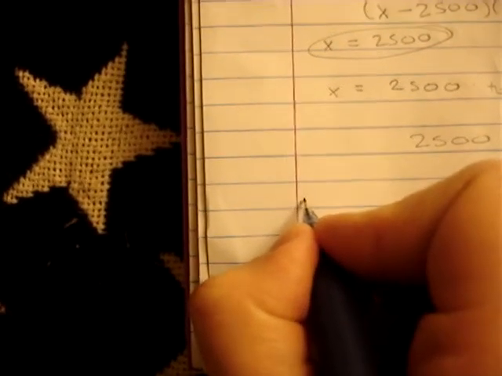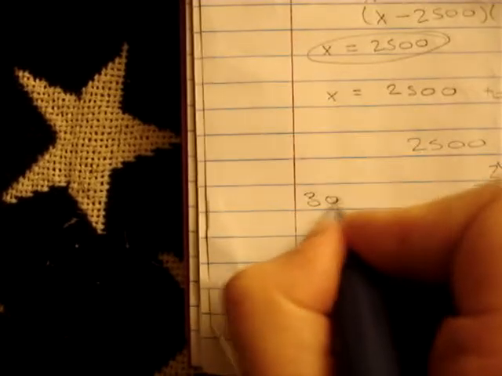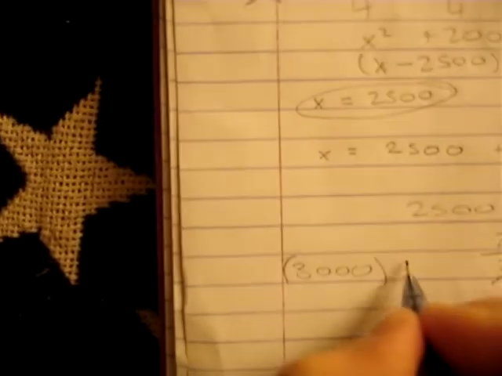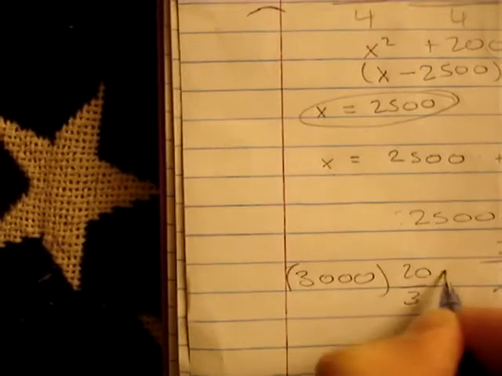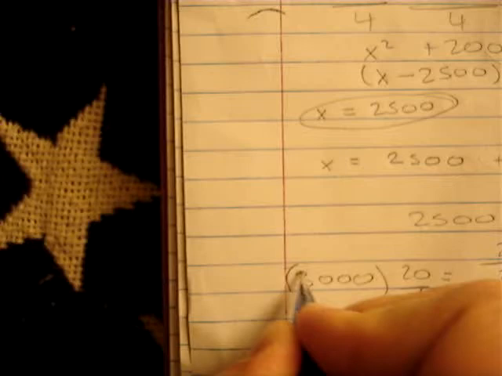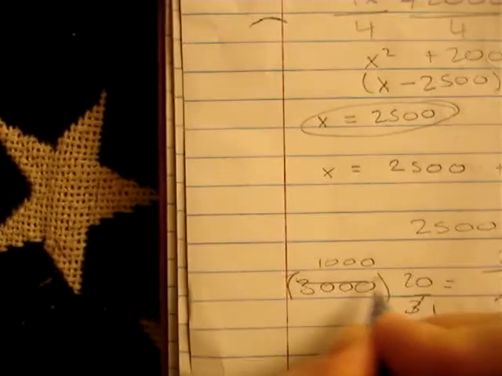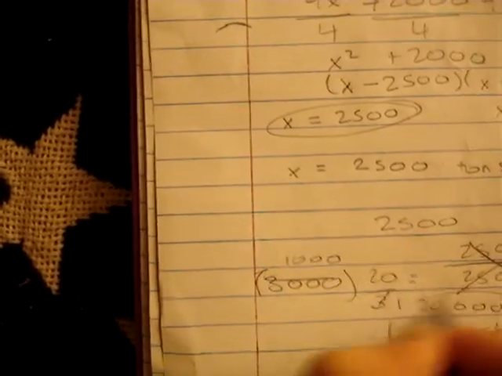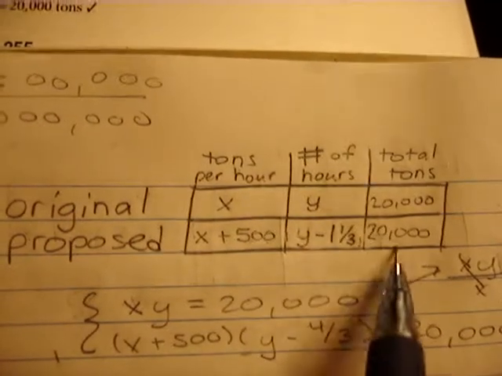It was 2,500 plus 500, 3,000 times 20/3. I'm hoping this checks out. That'll cancel. 1,000 times 20 is 20,000. It still works out like it should. See, feel free to just plug things back in and check it.